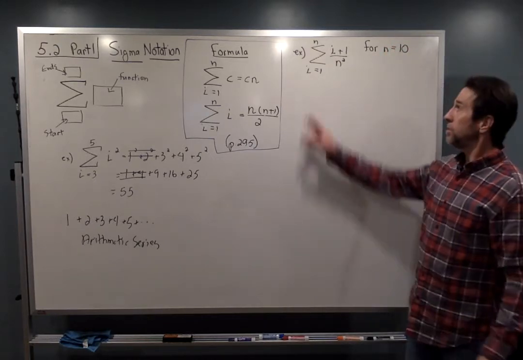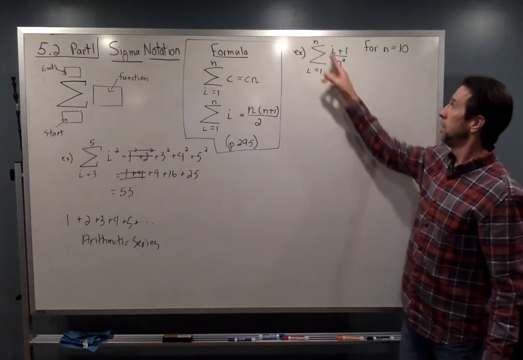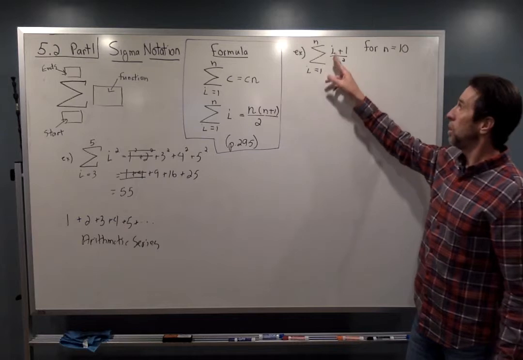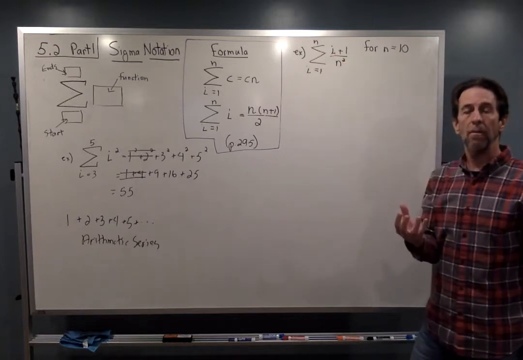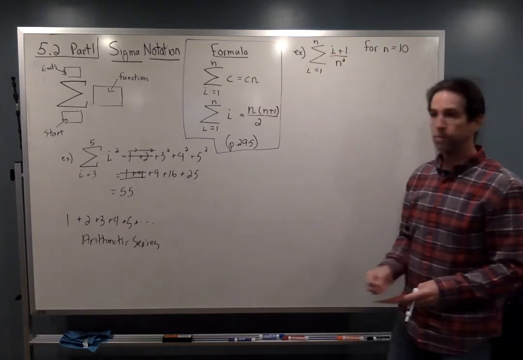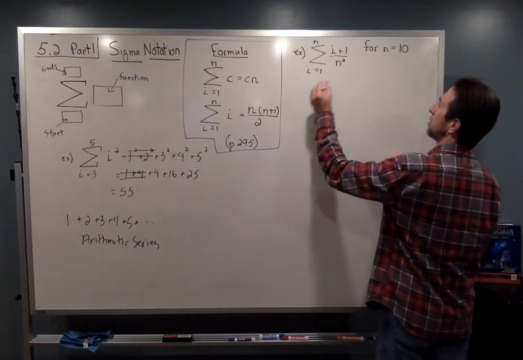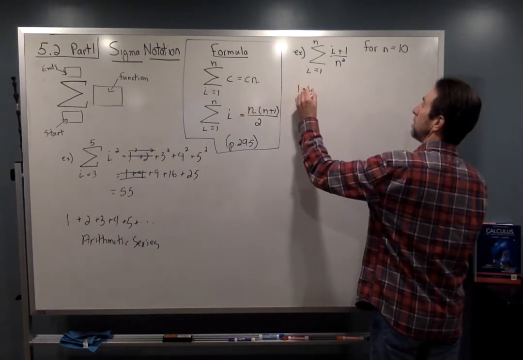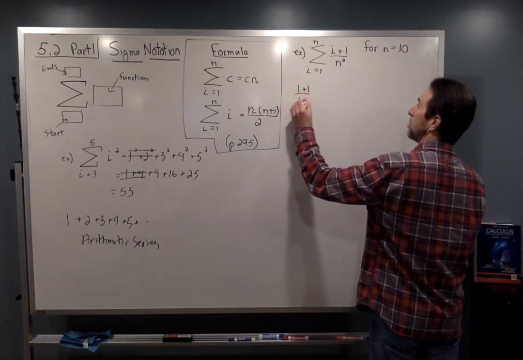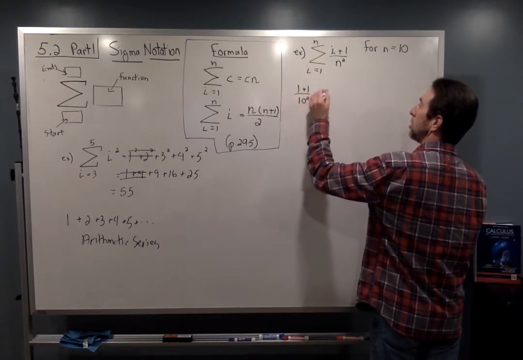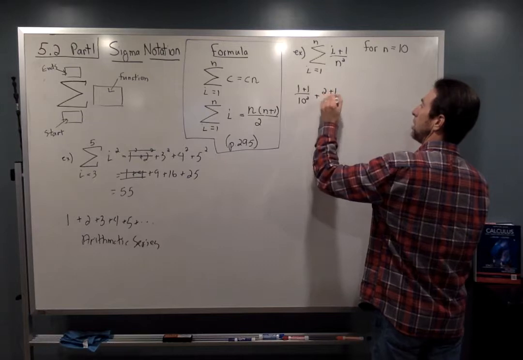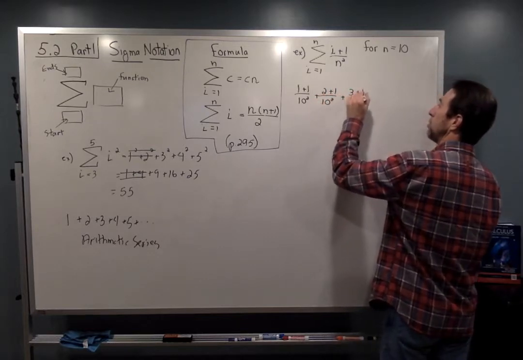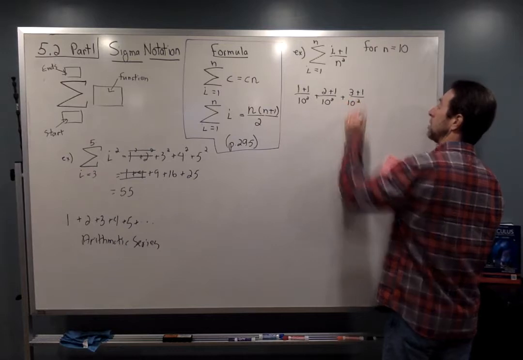Well, if I were to do this, this would be from 1 to 10. That would be 10 squared, or 100. So I'd have to put a 1 in, a 2, a 3, a 4, and a 5 in for these i values all the way up to 10. So it looks something like this. It would be (1 plus 1) over 10 squared, plus (2 plus 1) over 10 squared, plus (3 plus 1) over 10 squared.